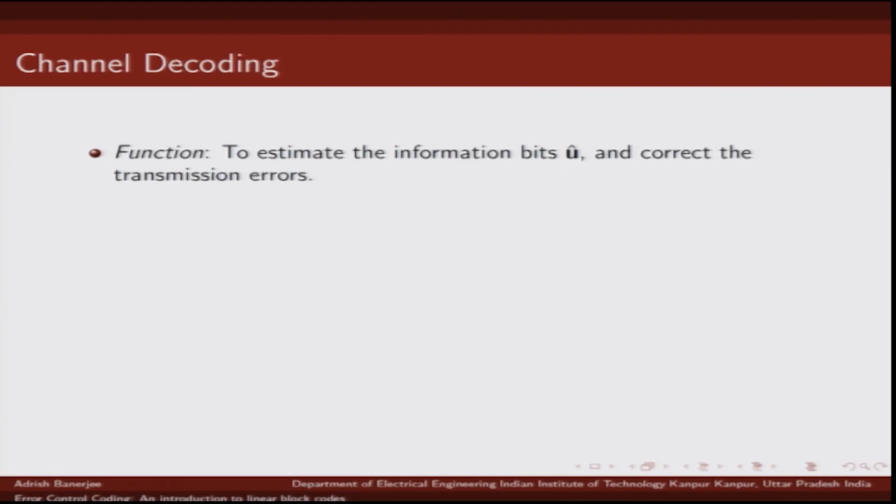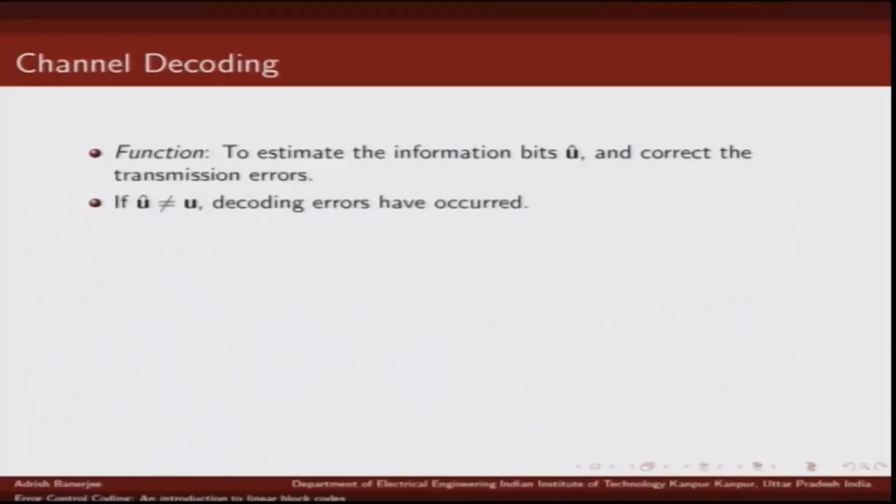As I said, the channel decoder's objective is to estimate the transmitted information sequence from the received coded sequence, and also to correct any errors caused by transmission. So, when do we say an error has occurred?